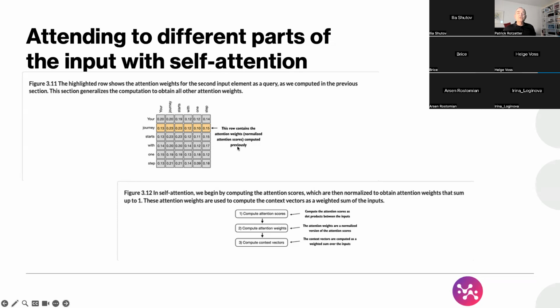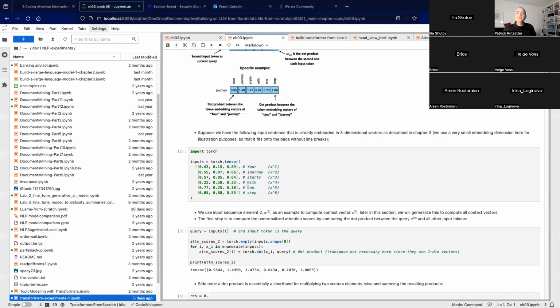And as you can see, the second row contains the attention weights that were computed previously. So I can show you quickly how it works. It's relatively simple in terms of calculation, but it needs a little bit of thinking to really understand how it works. So here, for example, you have a tensor or matrix.